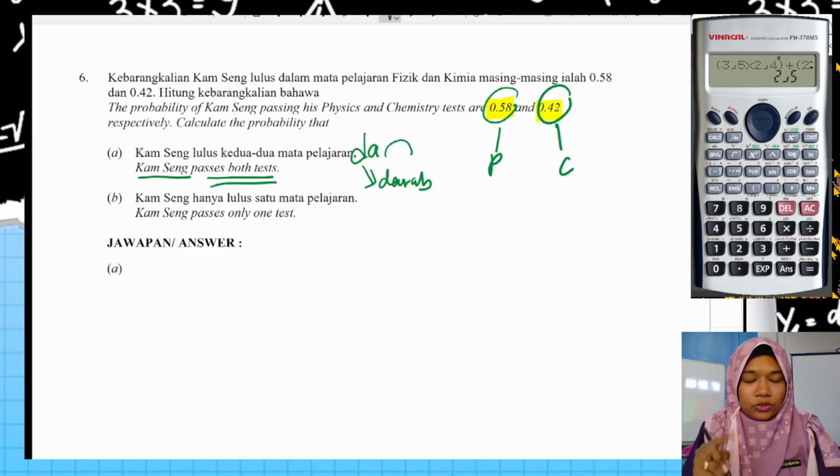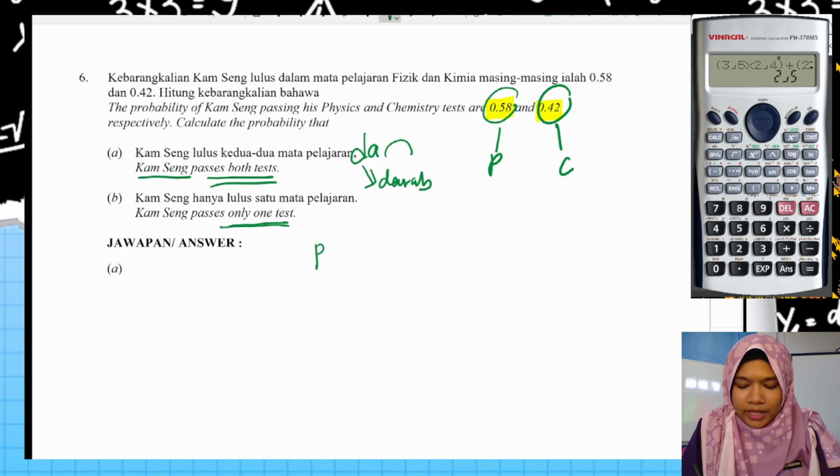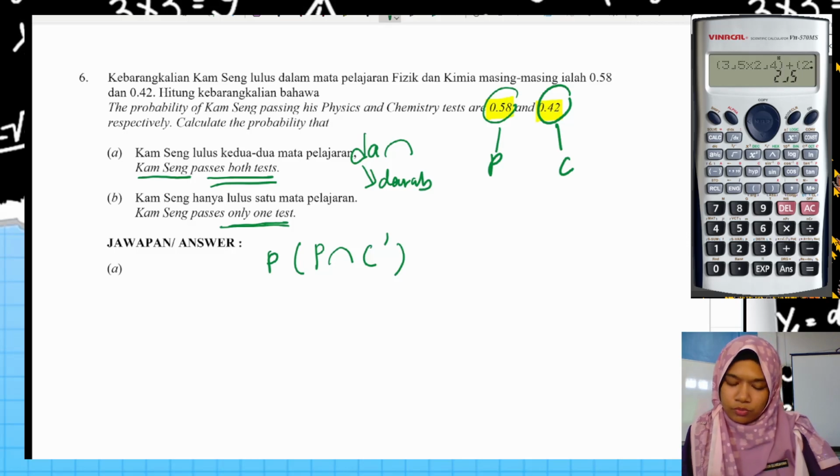Okay, untuk A. Alright, for B, Kamseng passes only one test. Means that physics pass, kemudian and chemistry not pass. Okay, so cari probability yang ni. Physics, dia P pula kan.